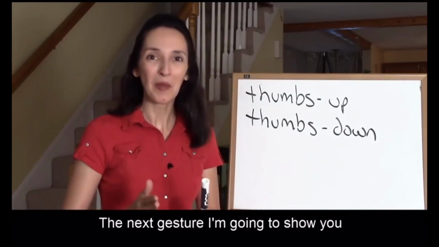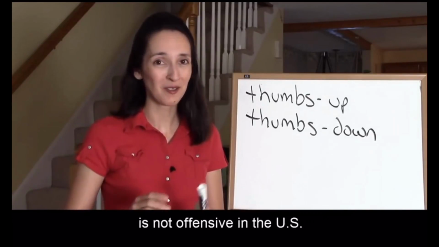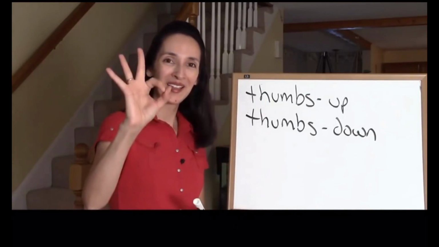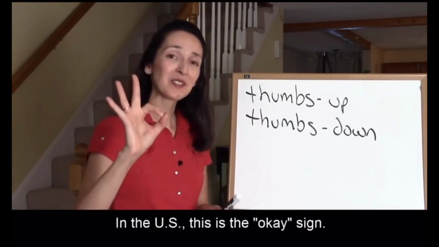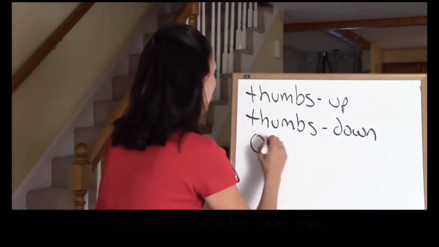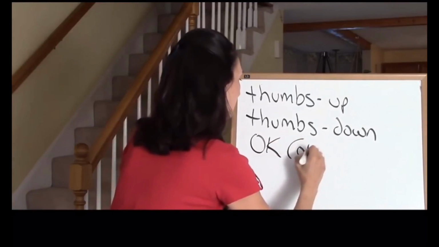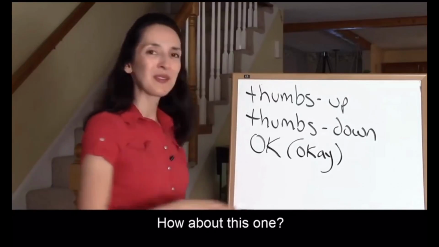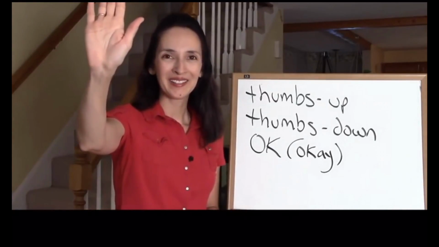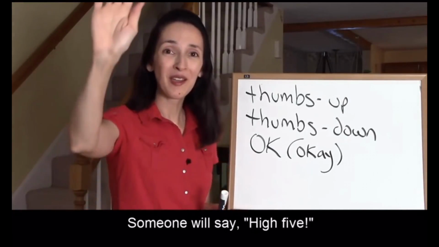The next gesture I'm going to show you is not offensive in the US. In the US, this is the OK sign. Also a sign of approval. How about this one? Someone will say, high five.